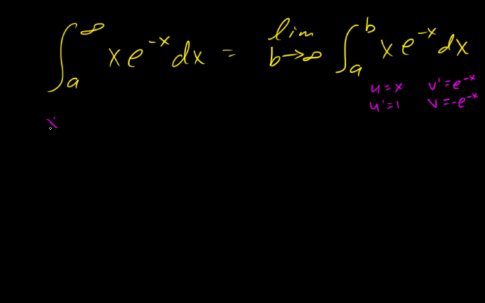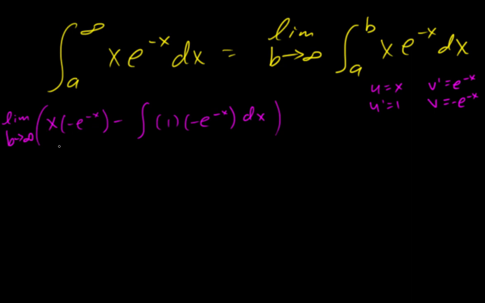So we get x times negative e to the negative x minus the integral of 1 times negative e to the negative x dx. And all of this is the limit as b approaches infinity.